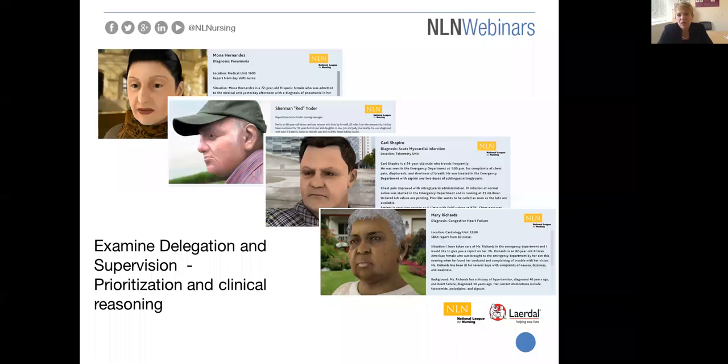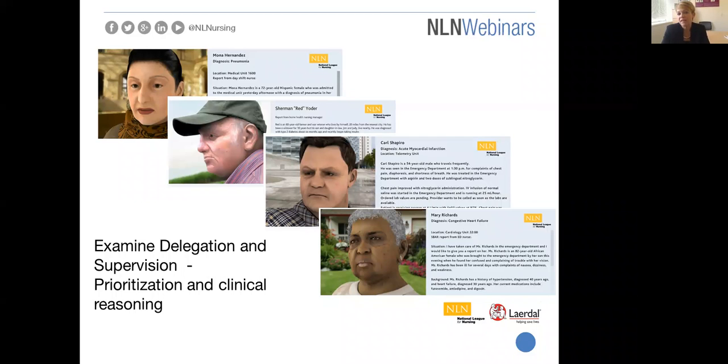Another area that we can think about the use of simulation is helping students to better examine delegation and supervision, as well as prioritization and clinical reasoning. Virtually, I have worked with faculty who actually have students run virtual simulations on different patients simultaneously, and then have discussions on, if I'm in charge of these 4 patients, who am I going to see first, second, and third?